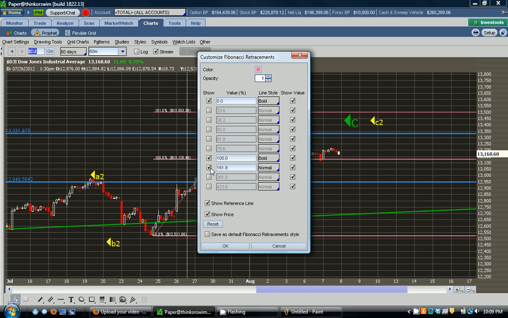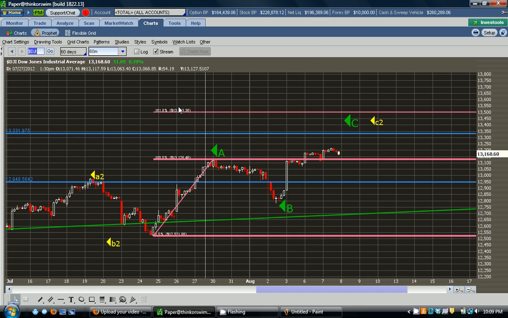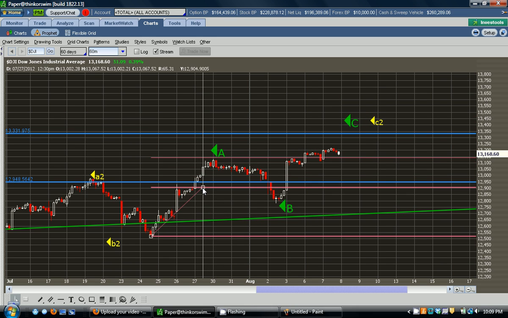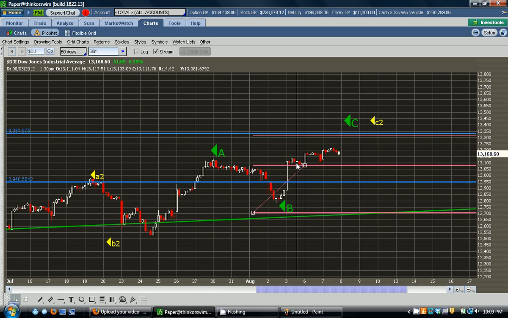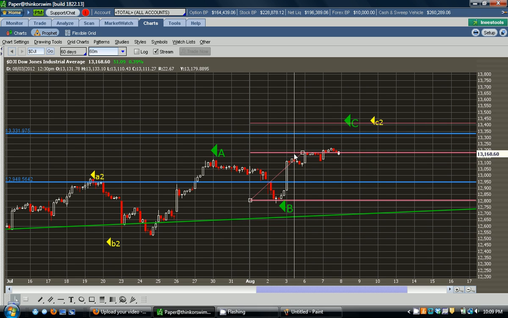But what we're going to do, we're going to shrink this all the way until we have the 161.8 at the top of A. And our 100 is sitting somewhere in the middle. So now, to get our next target, we're going to move this right to the bottom. And we have a target of like 13,179, 13,180, and that's going to be a significant resistance level.